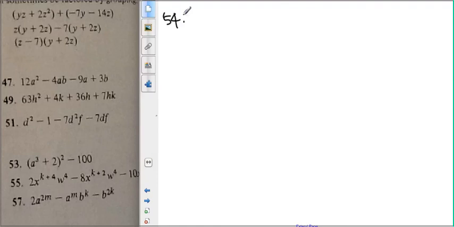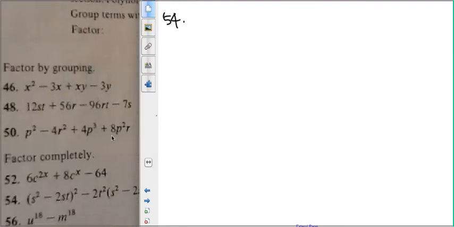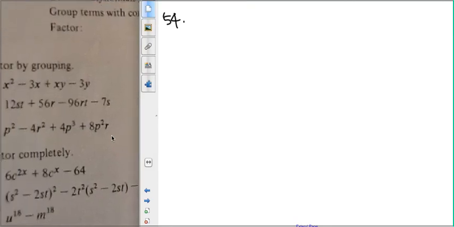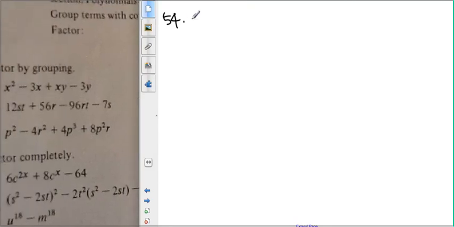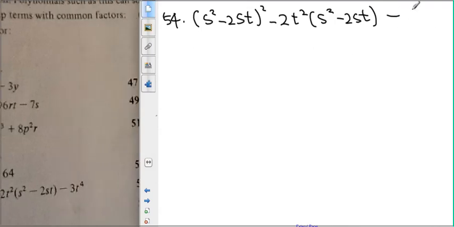54. Okay, this is kind of long, so let's try to write it. s squared minus 2st, entire thing squared, minus 2t squared, and s squared minus 2st, and minus 3t to the 4th power.